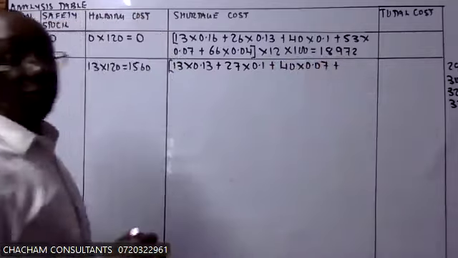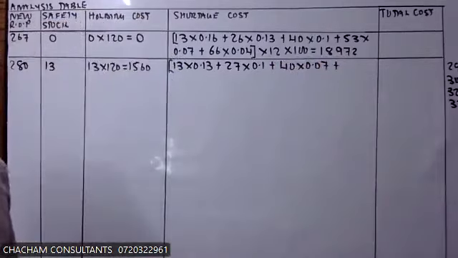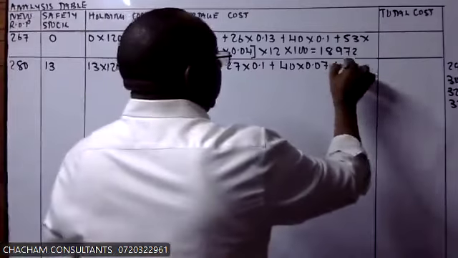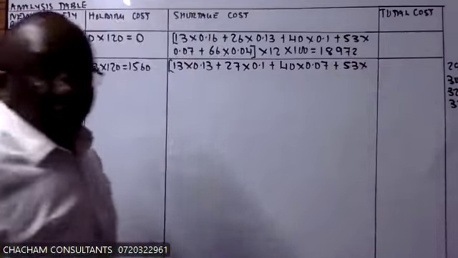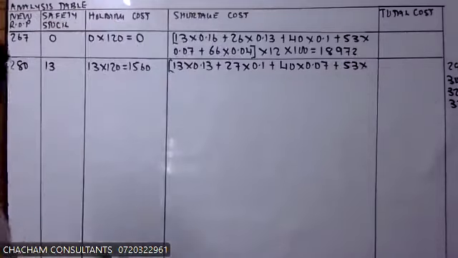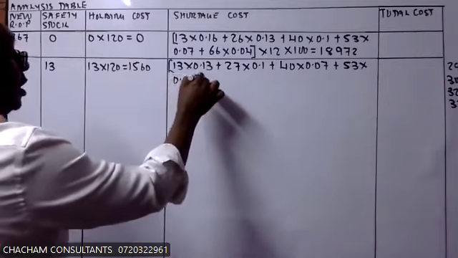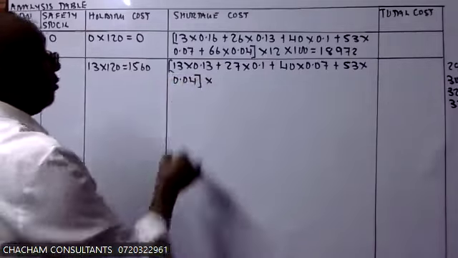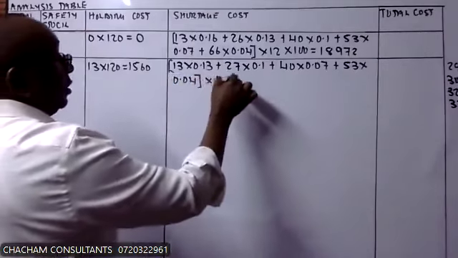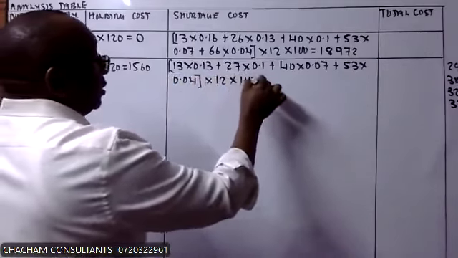If you go finally to 333, that creates a shortage of 53. And the probability of that happening is 0.04. Now that one you multiply by 12, then you multiply by 100.